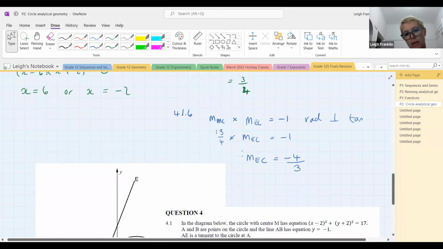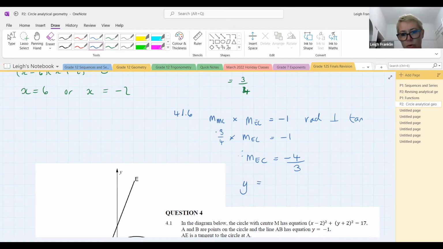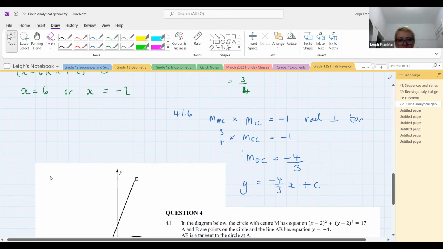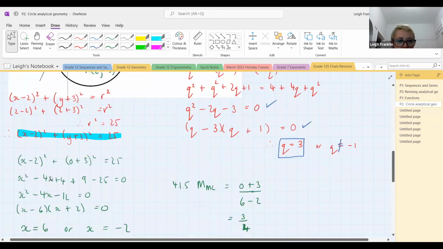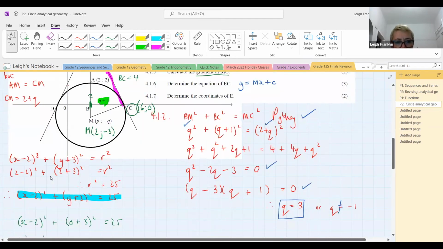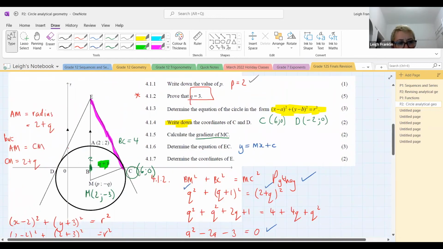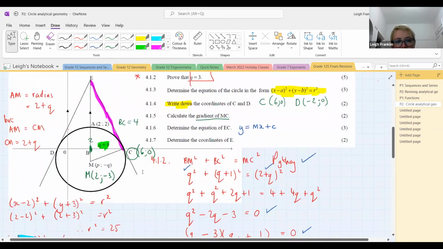Now that I've got the gradient, I can take the gradient and sub it into y equals mx plus c. So y equals m being -4/3, x plus c. It's our job to work out what c is, the y-intercept. So now we need a point. We don't know what the coordinates at E are, but we do know the coordinates at C. They are 6 and 0.